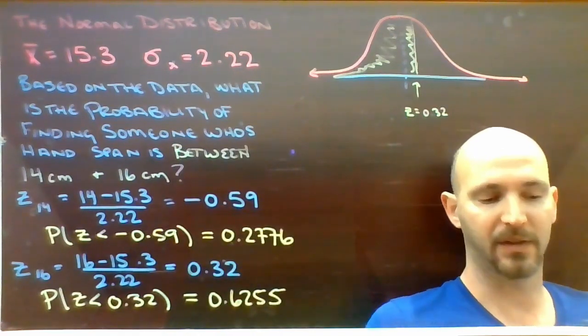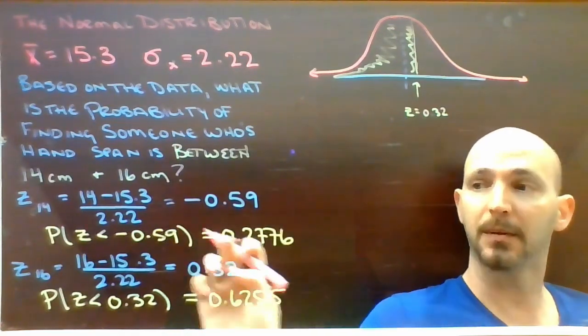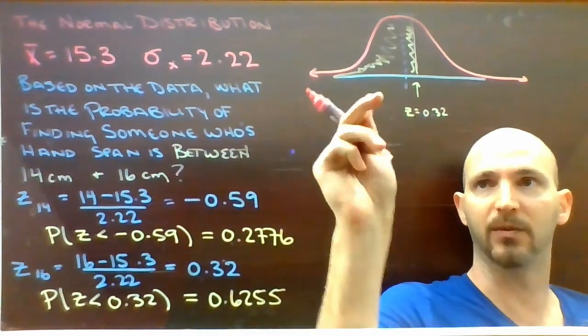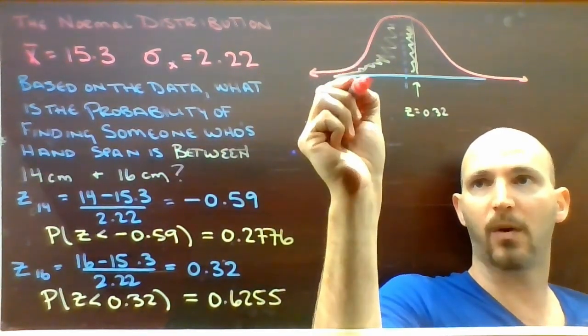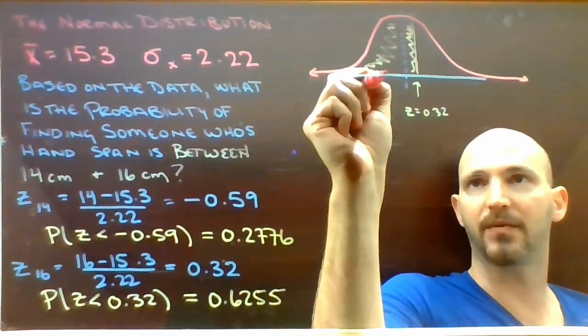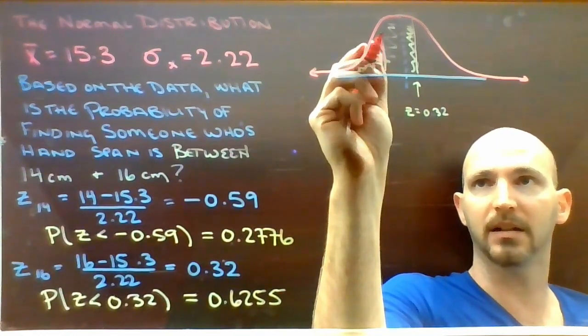So I'm going to fetch another color. I'm going to find where negative 0.59 would be. If that's where my one standard deviation is, then 0.59 is probably here.